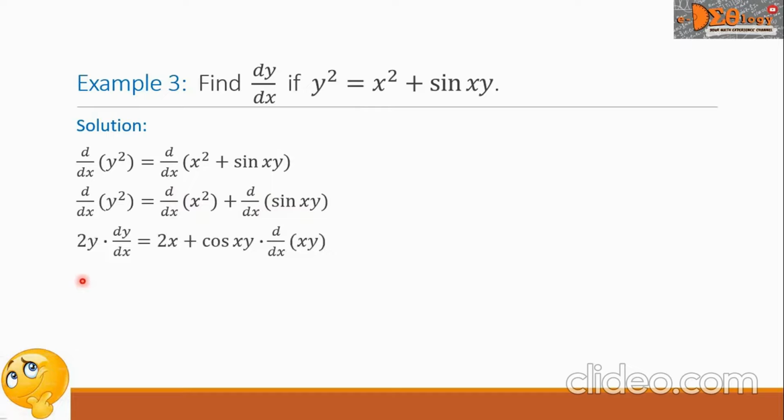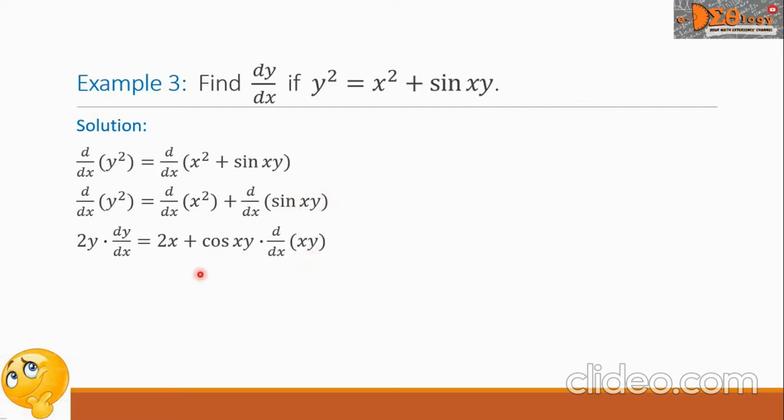The left side becomes 2y times dy over dx equals derivative of x squared is 2x plus derivative of sine is cosine, and we copy the angle xy times the derivative of the angle xy.